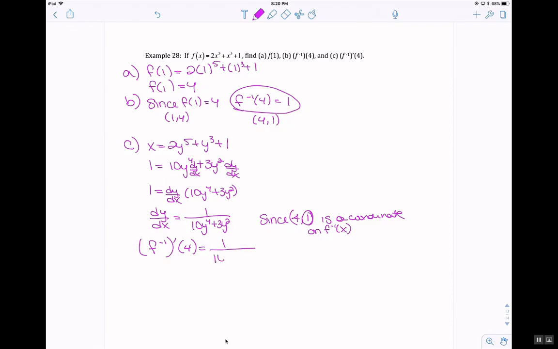So 10 times 1 to the 4th plus 3 times 1 squared. So f inverse prime of 4 is equal to 1 over 13. Okay? So to do this, I had to actually find f of 1 before I could evaluate that inverse at 4. Okay?